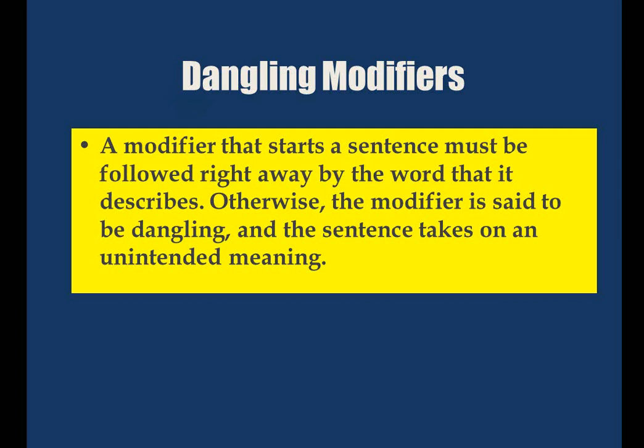So let us see what they are. A modifier that starts a sentence must be followed right away by the word that it describes. Otherwise, the modifier is said to be dangling and the sentence takes on an unintended meaning. Dangling basically means hanging. So a dangling modifier, in other words, is a group of words which is hanging without the support of its subject.